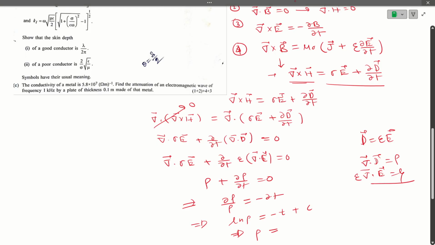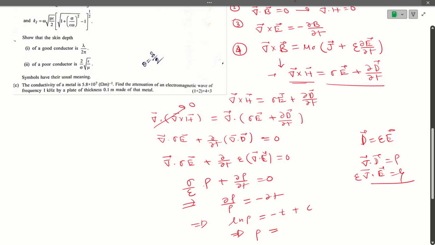I think I made a mistake here. That is, divergence E equals rho by epsilon. So from here we have to write sigma by epsilon.